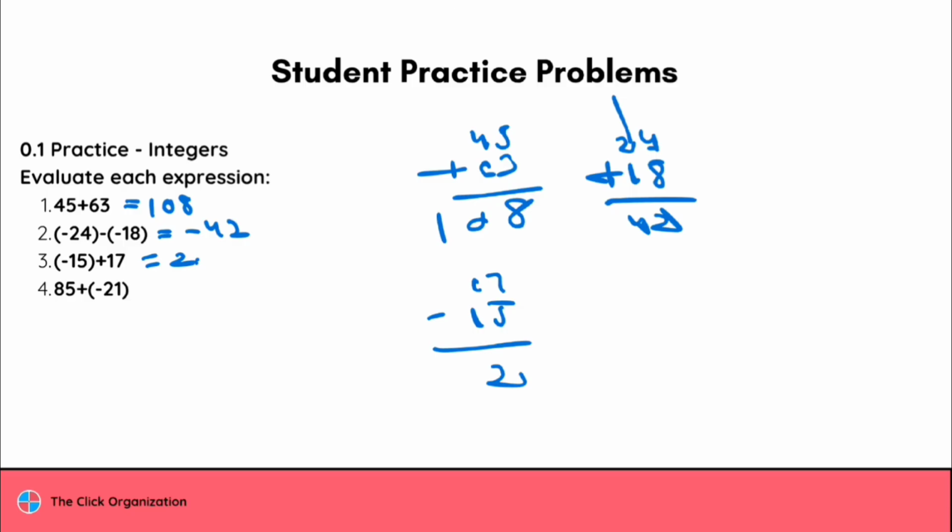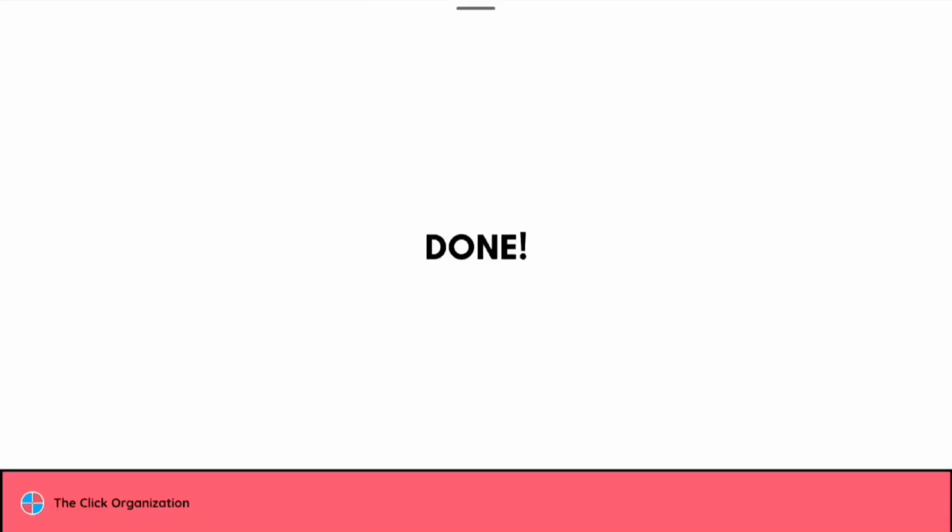In this case, both the integers have different signs, right? So subtract both the integers. 64 is our answer. And the larger number in this question is 85, right? And the sign of 85 is positive. So the answer to the last question would be +64. That's it. We have come to the end of today's lesson.